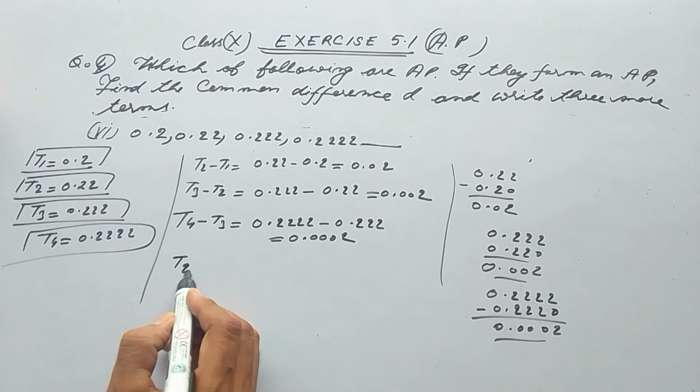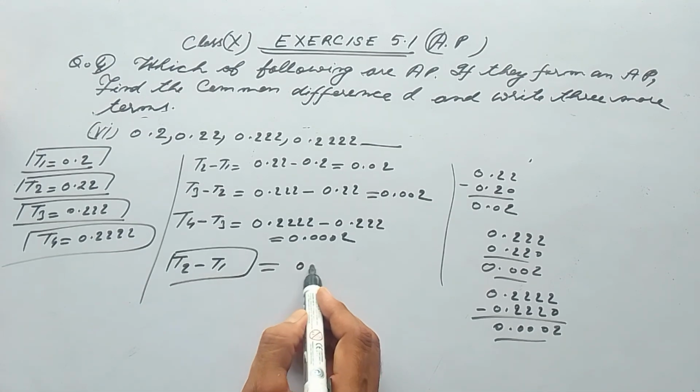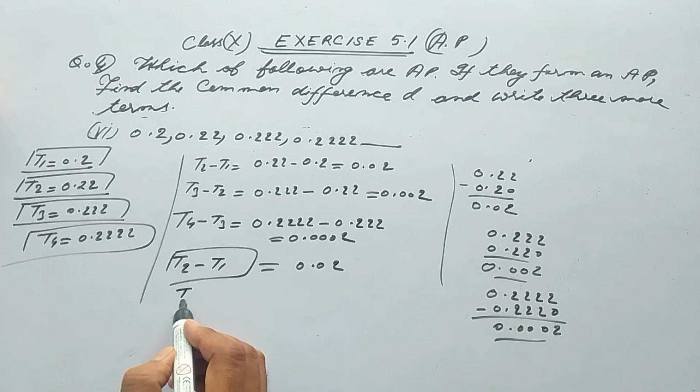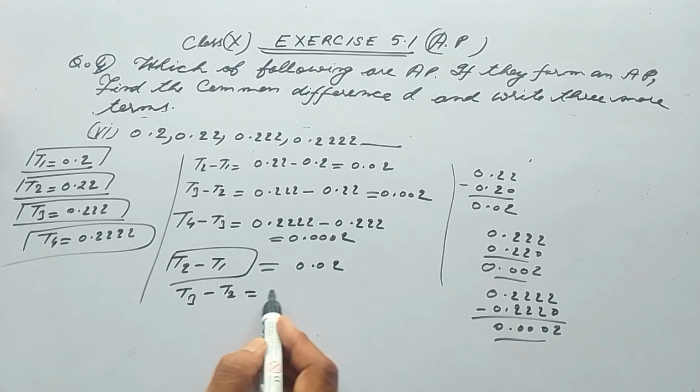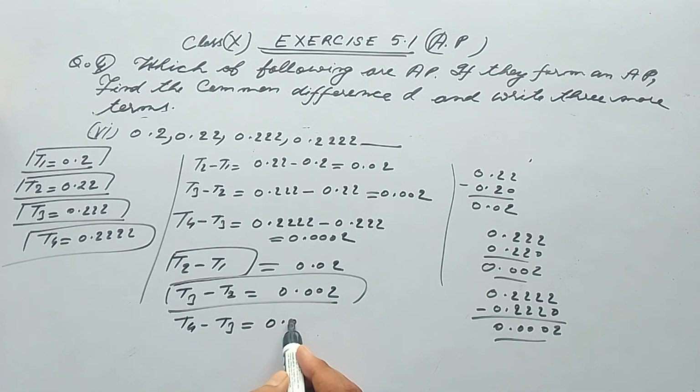So T2 minus T1 is 0.02, T3 minus T2 is equal to 0.002 and T4 minus T3 is equal to 0.0002.